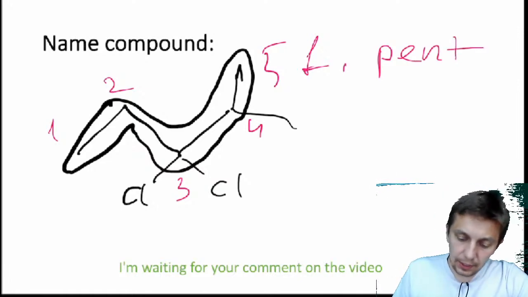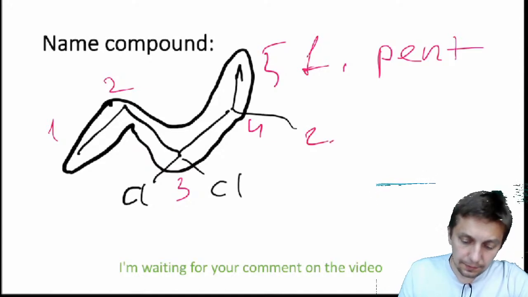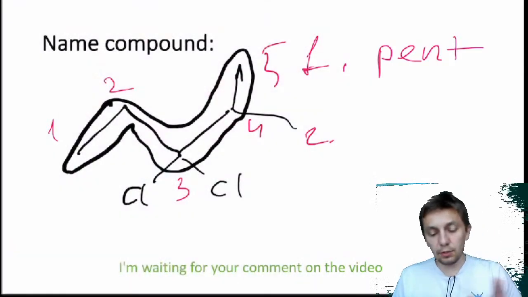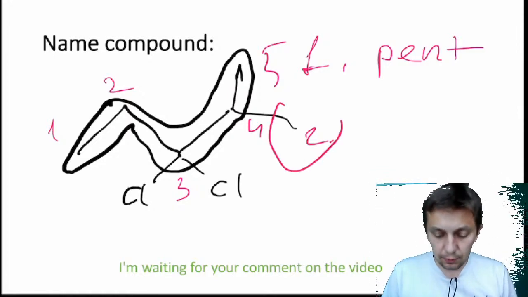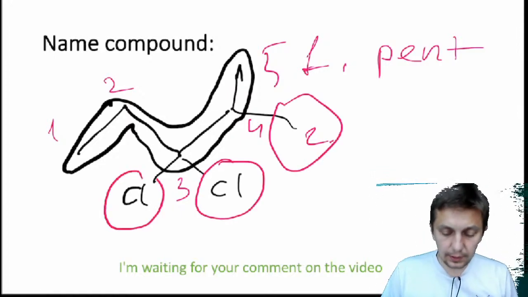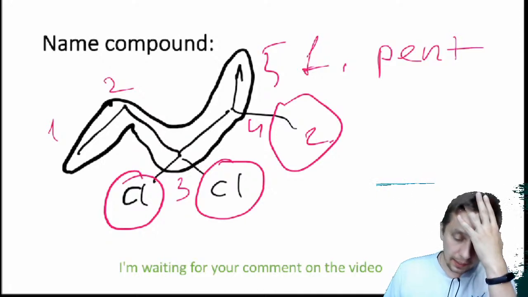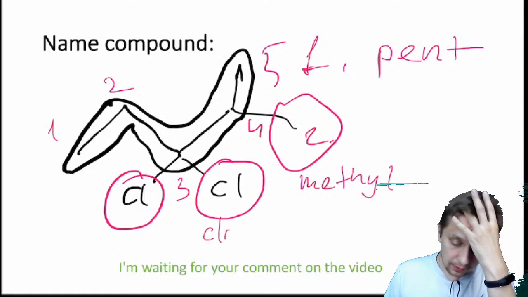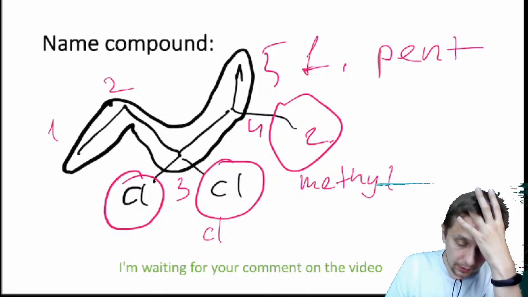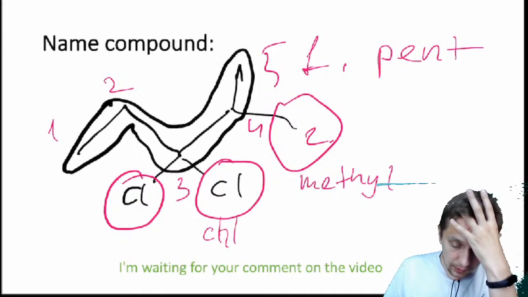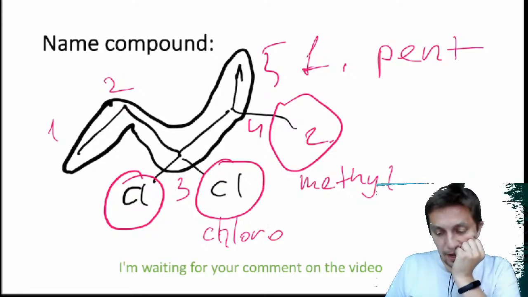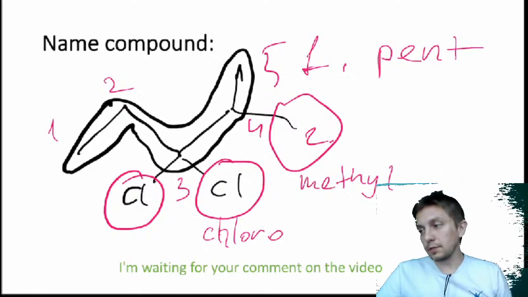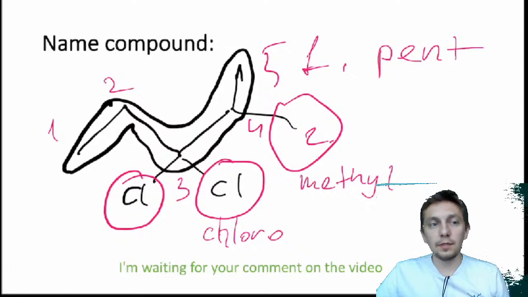Second step, modification. We have several modifications. It's not pentane. We have differences. We have these groups, and these groups. It's methyl. It's chloro. And because it's an alkane, no need to get many modifications, just this.